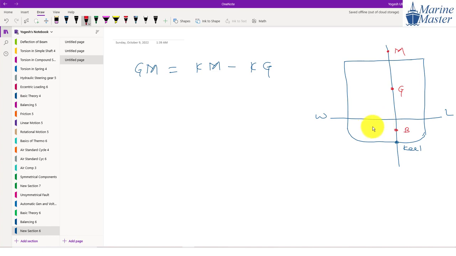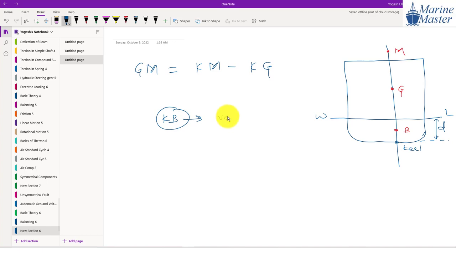So our KB depends totally on draft, on the volume of water displaced. If you change the mass, then and only then is KB going to change.